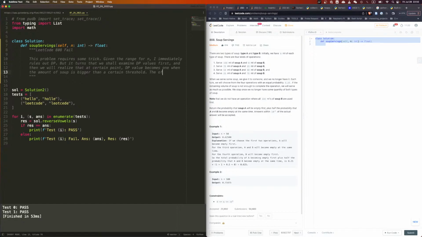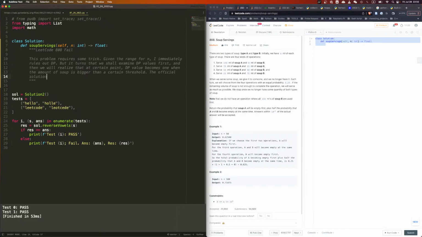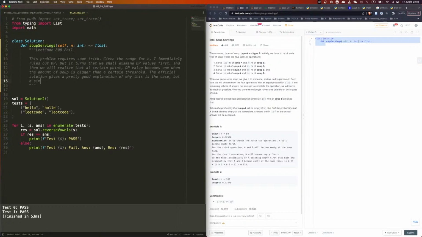Now the official answer gives a pretty good explanation of why this is the case. But a simple way to think is to find the expected value, right?